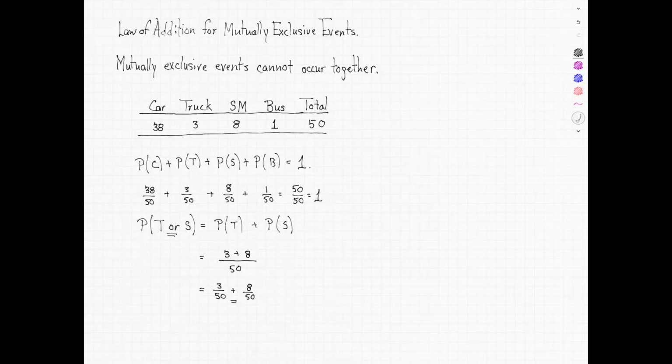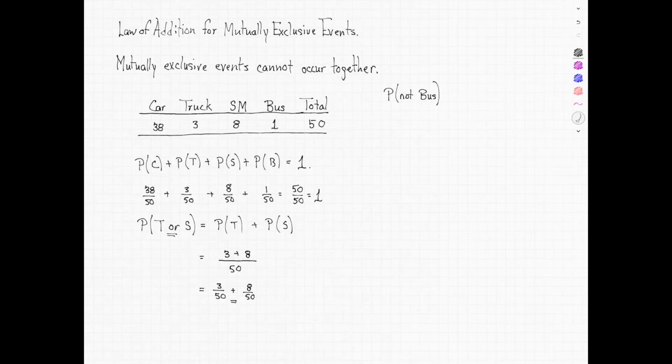Okay? Now let's take a look at something else. If I asked you what's the probability that someone does not drive a truck, let's do, they don't take the bus. Let's do not bus.